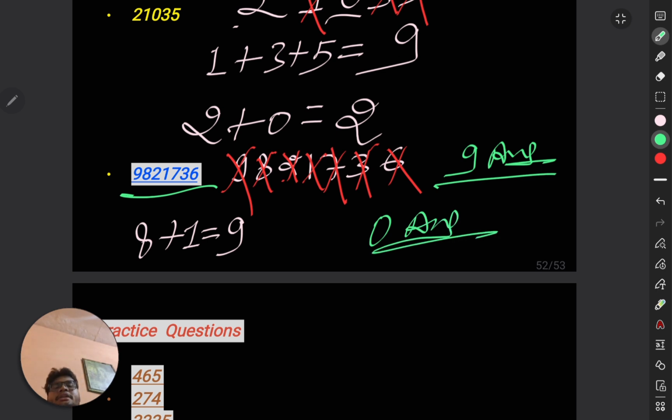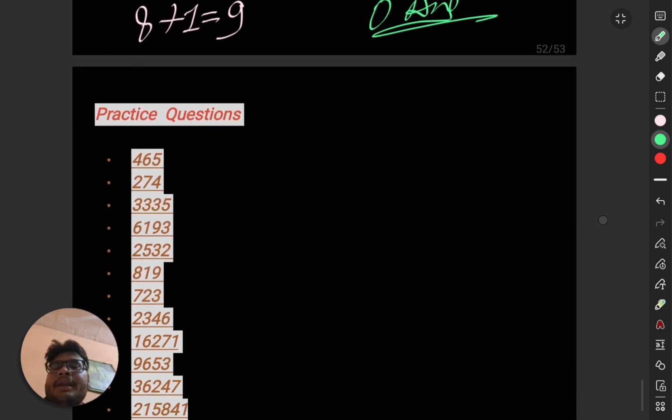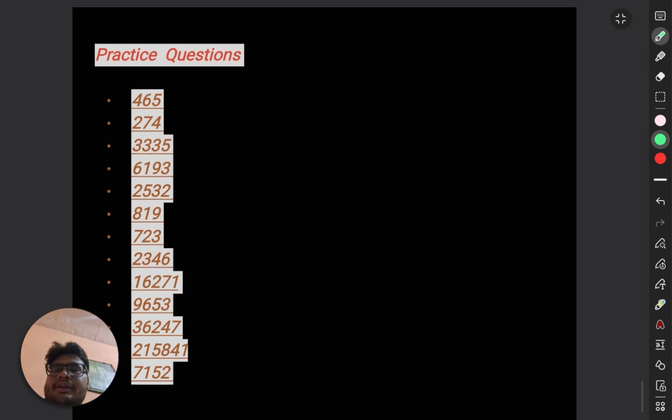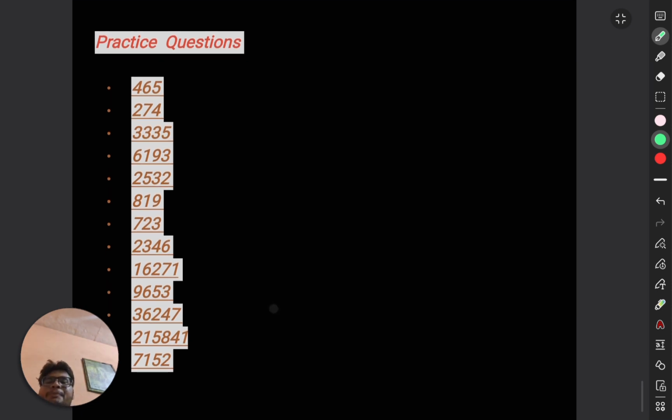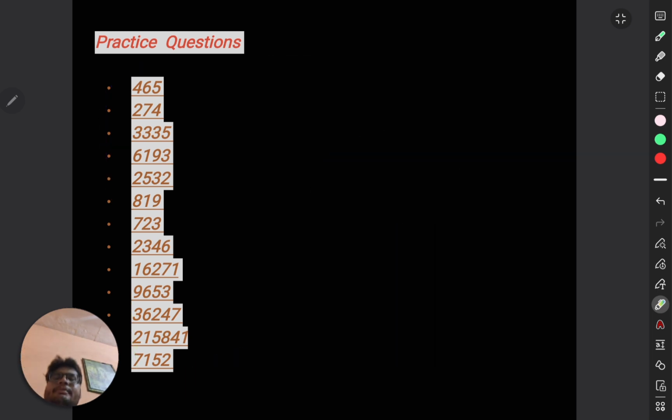And we have understood this method, okay. So I have some practice questions on finding the sum. You have to practice these questions to make your mind sharp and strong.